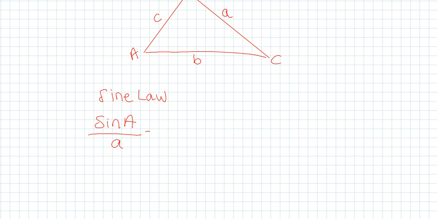So this is the sine law. When we have this law, we only use two of the ratios. So we only pick either the first two or the B and the C. It depends on what's given to me, and we'll talk about this later on. There's also another version of this sine law, which is the same thing, but instead of sine on the top, it's going to be the side on the top. So it will be the inverse of this.